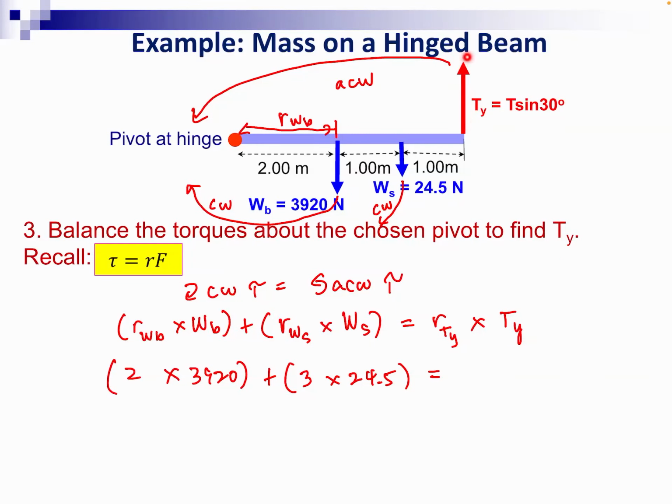It's 2 plus 1. So that will be 3 meters times the weight of the sign, 24.5. And for the Y component of the tension, you draw a line perpendicular to the tension and passing through the pivot. So this will be the whole length of the beam for the moment arm, that will be 4 times Ty.